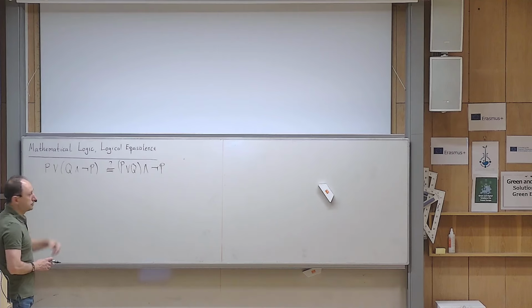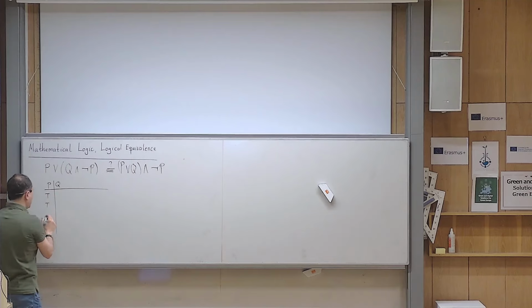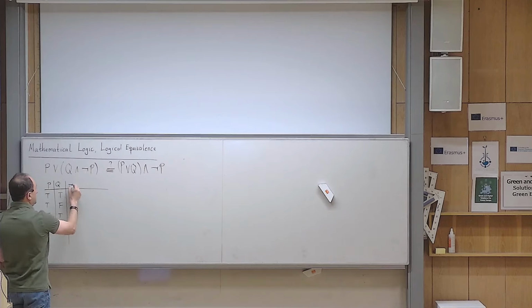So for example, if I want to do it through the table, I would write P and Q only. So I have two T's first and two F's here, and then I have TF, TF. And then I need not P, so it becomes FF, TT.